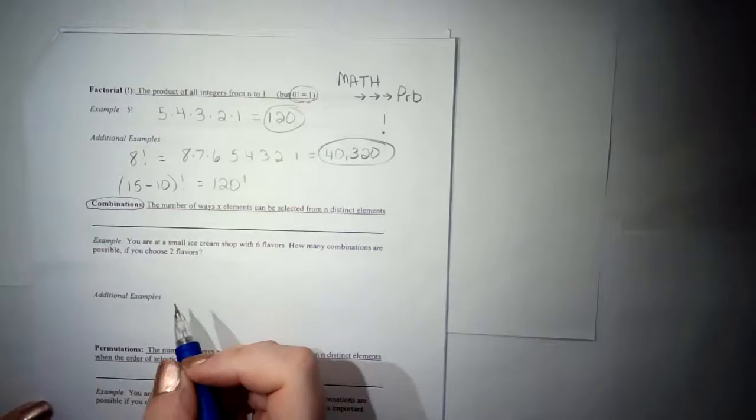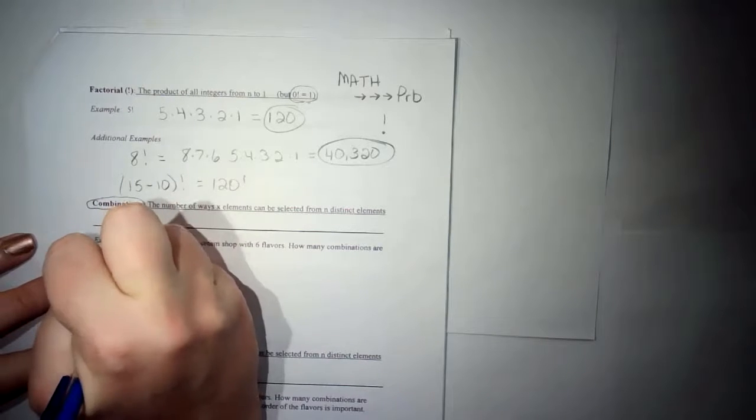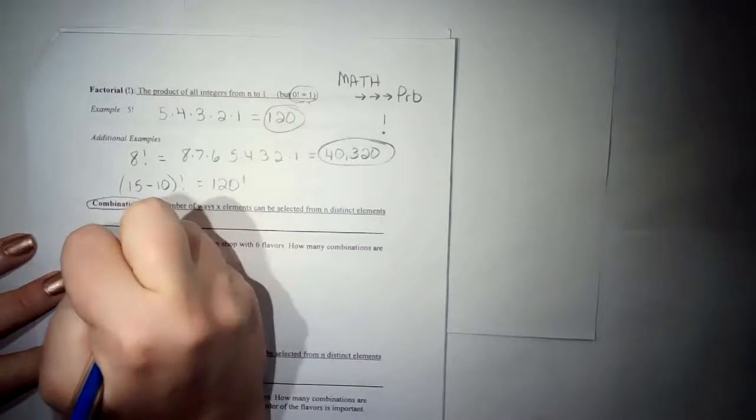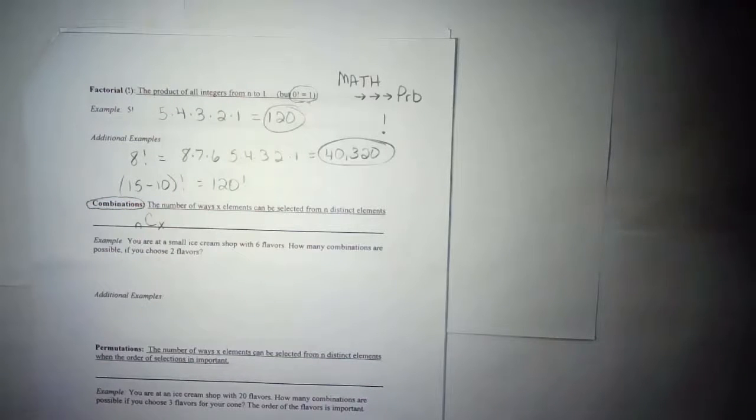So the formula for him, he's a big giant C. On the left, you have a little n. Oh, you can't see. Sorry, guys, you're all looking at me like I'm crazy. I am crazy. Okay, there we go. So you have a big C. On the left is a little n. On the right is a little x.